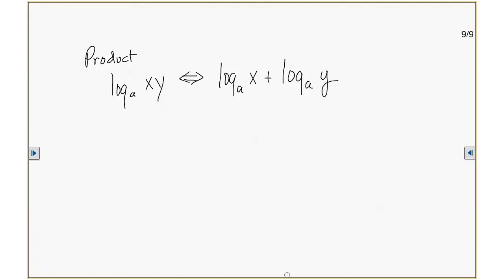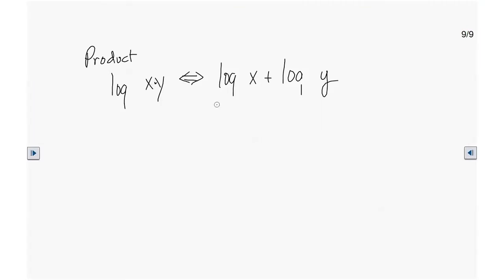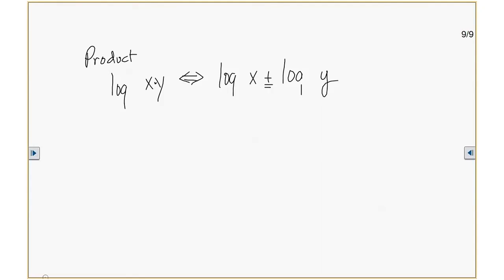Or you could just put log. You don't have to put A, you can just put log. Any kind of base, you can rewrite it. You can rewrite the product as the sum, or you can rewrite the sum as the product. Just like your exponential laws back in pre-algebra.